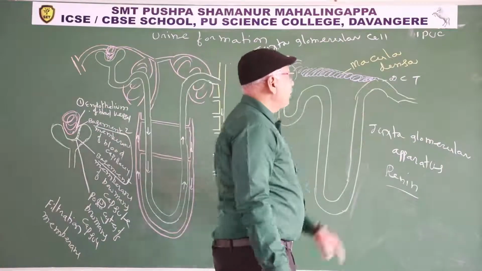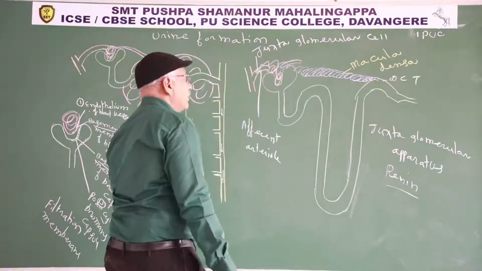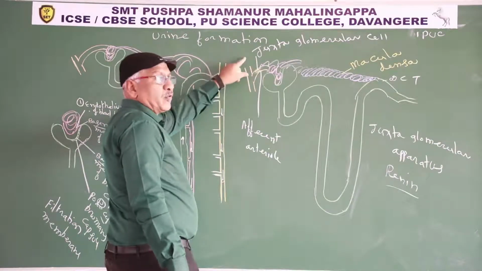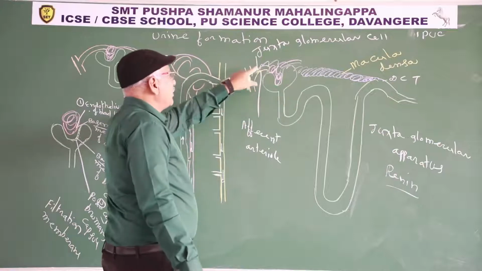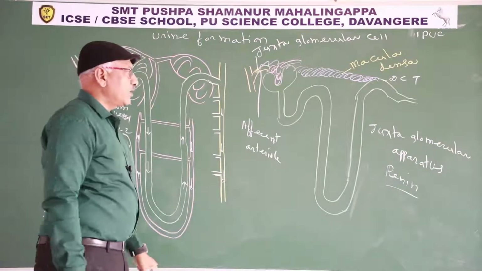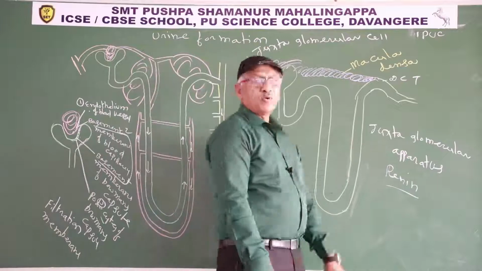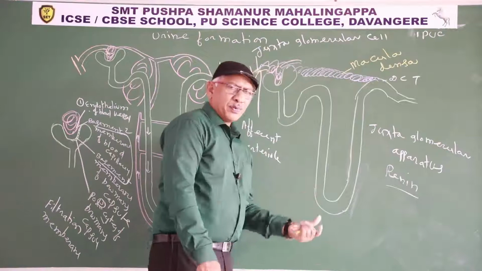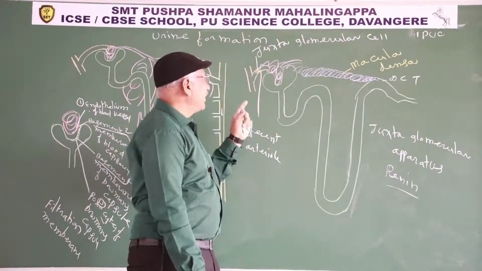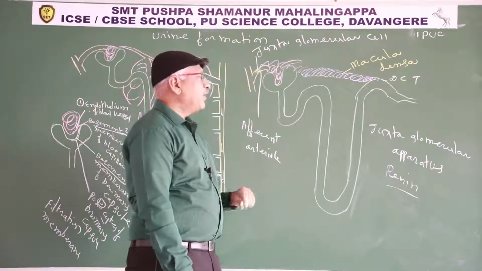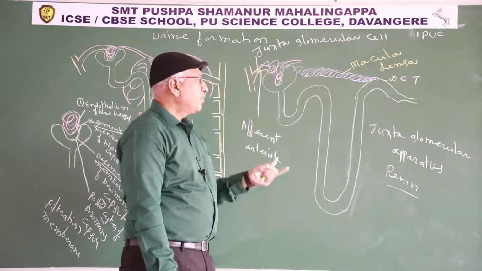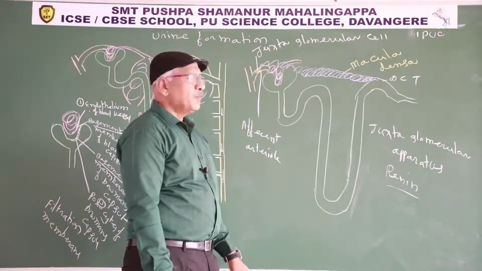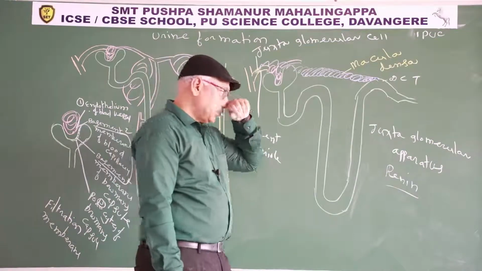Modified epithelial cells of DCT are macula densa. Modified smooth muscle cells of afferent arteriole are juxtaglomerular cells. Macula densa is connected to juxtaglomerular cells. As a result, juxtaglomerular apparatus is formed. So when the blood pressure or blood volume decreases in the afferent arteriole, the juxtaglomerular cells release renin enzyme, and it helps in increasing blood volume.